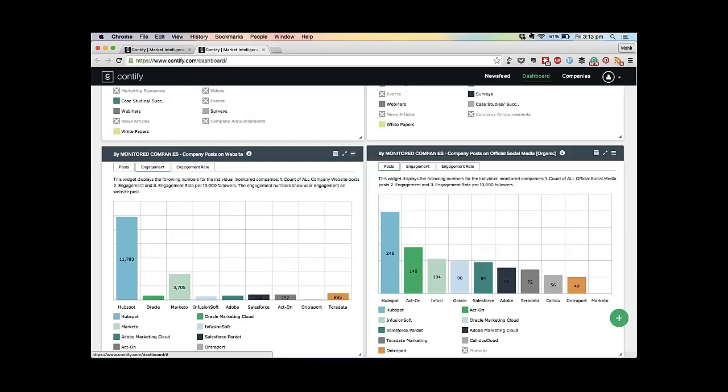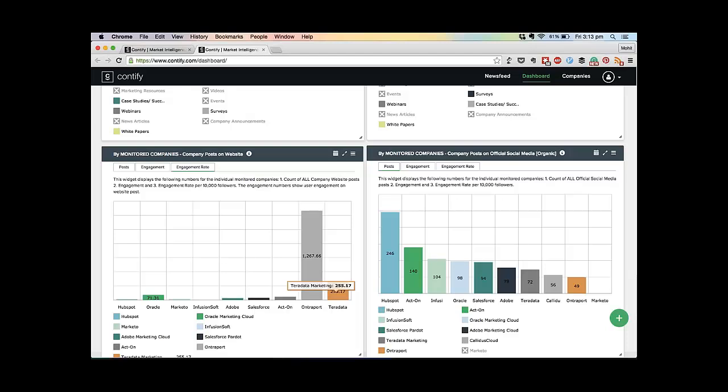So a better indicator of the quality of content, how we have calculated it, is the engagement per 10,000 followers. We have normalized the followers and asked how much engagement these companies would generate if they had 10,000 followers. And here, the picture is different. Here we see that Oracle leads, HubSpot is way behind, and even Teradata is getting more engagement.